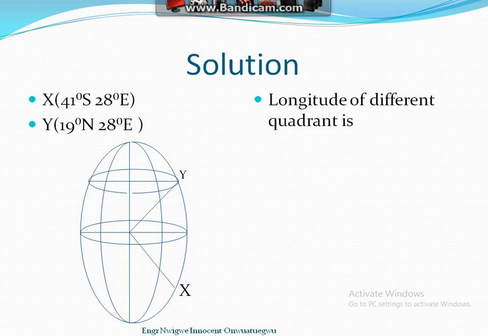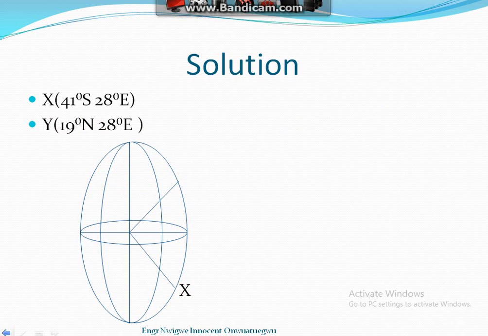We make our X on the lower part of the circle. Then for Y, we measure out 19 degrees north from the equator, and we locate our 28 degrees east on the small circle on the upper part of the circle. We now have our Y and X.